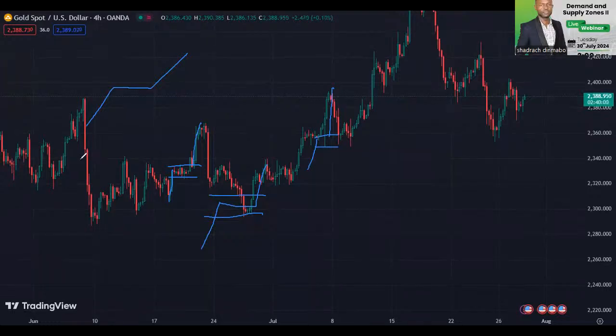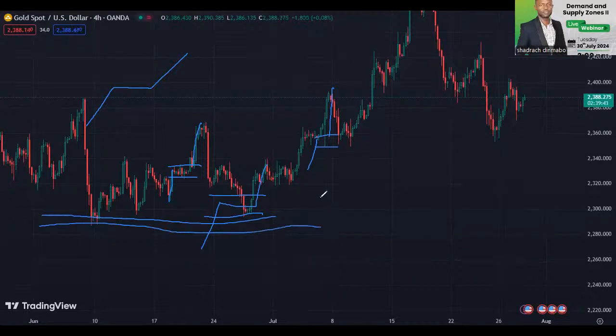What I mean by zoning is that, the way I place this here, I can say this is my demand zone. I place a rectangular bar around it, and come here and place another rectangular bar around it.